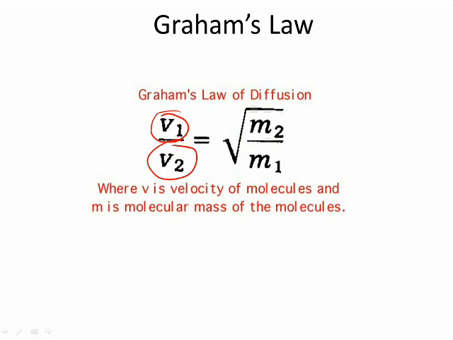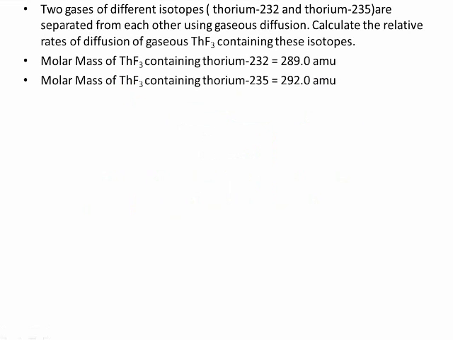Basically what we're looking at is the square root of the masses. Everything here is based on the size, so the bigger will move slower. So the velocity or the speed or the rate is going to be dependent on the mass. Let's look at an example here.